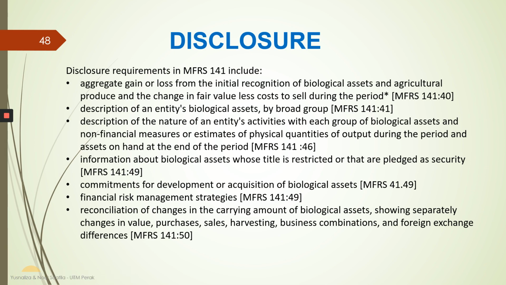Disclosure. So these are the disclosure requirements. You need to show what are the gain or loss from both initial recognition, right, and also gain or loss from the change in fair value during the period that you are concerned. You need to also describe the entity's biological asset. Do you have a plant?